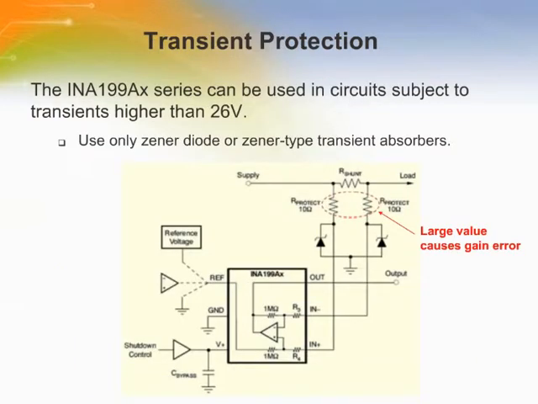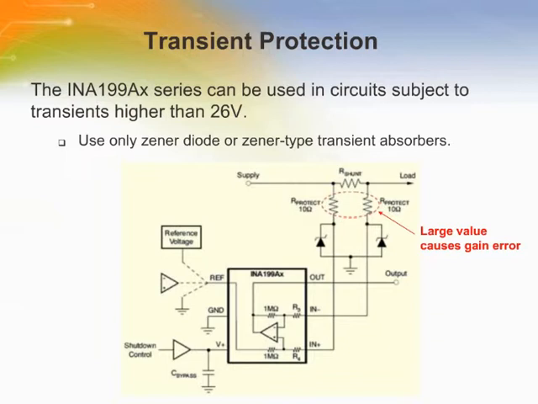With a small amount of additional circuitry, the INA199A series can be used in circuits subjected to transients higher than 26 volts, such as automotive applications. Use only Zener diodes or Zener-type transient absorbers. Any other type of transient absorber has an unacceptable time delay.